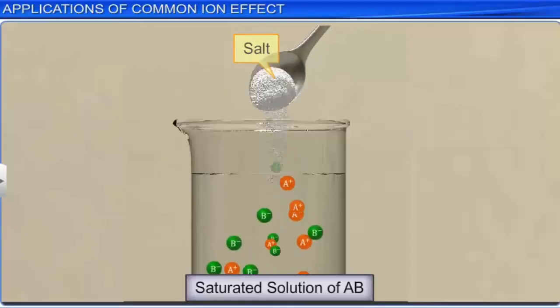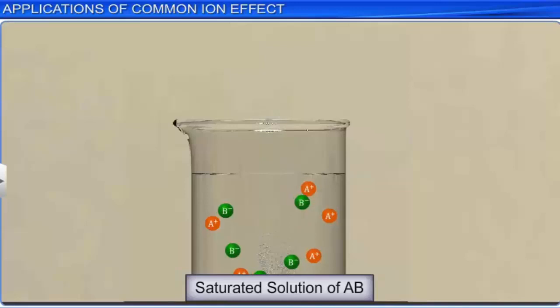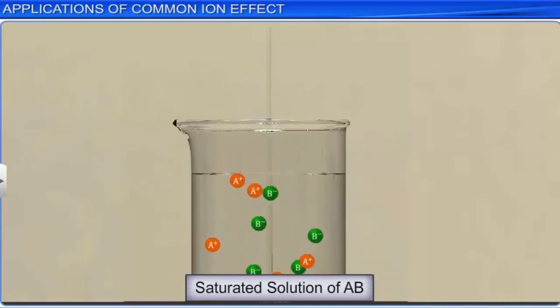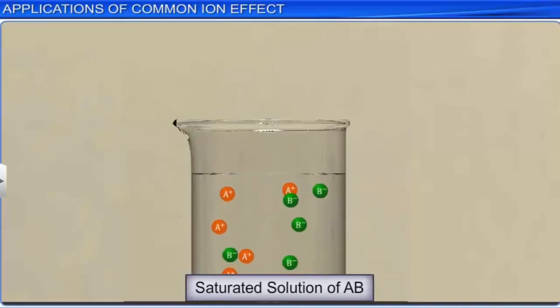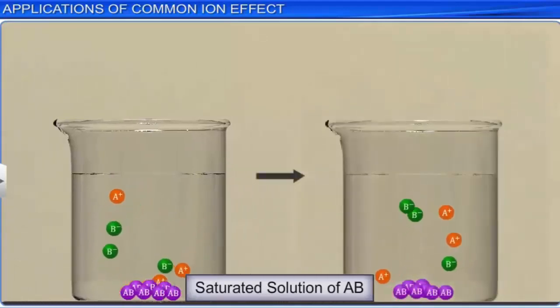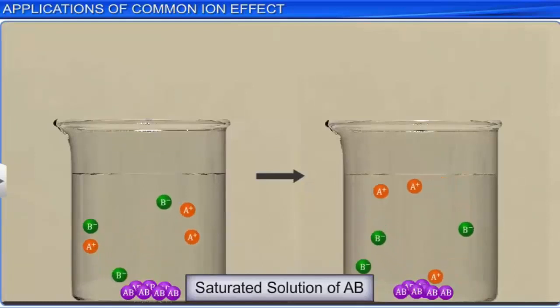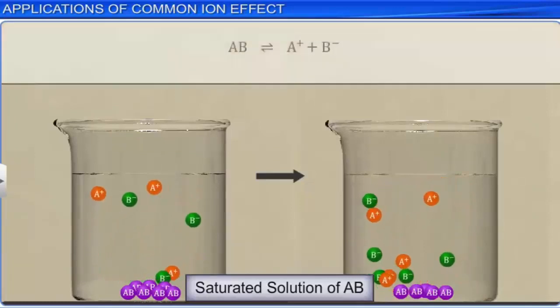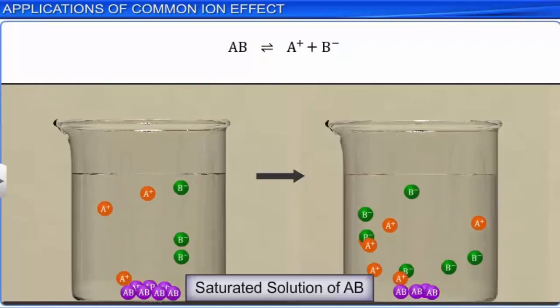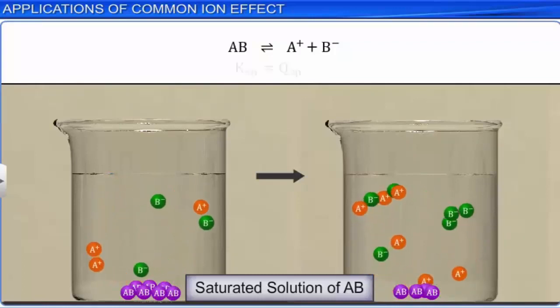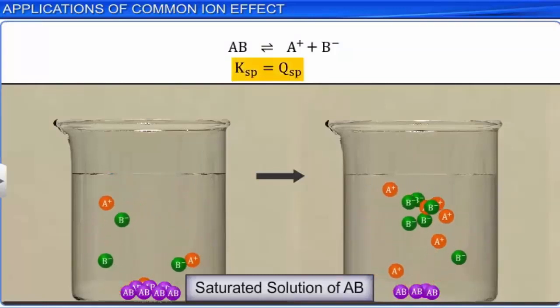You have learned that in a saturated solution, if the concentration of any one of the ions is decreased, then, as per the Le Chatelier's principle, more salt dissolves and the equilibrium shifts towards the right till Ksp becomes equal to Qsp.